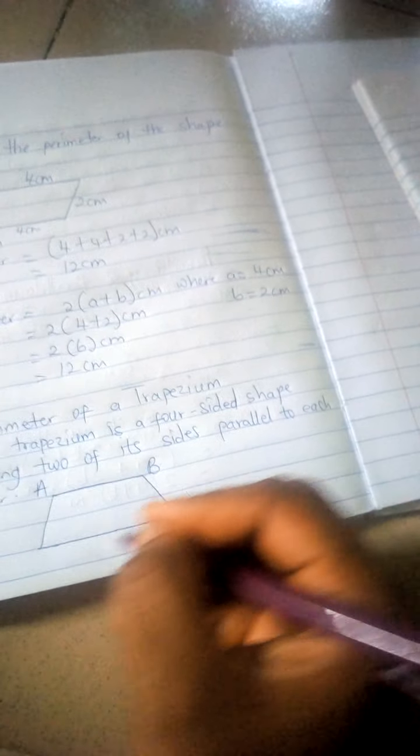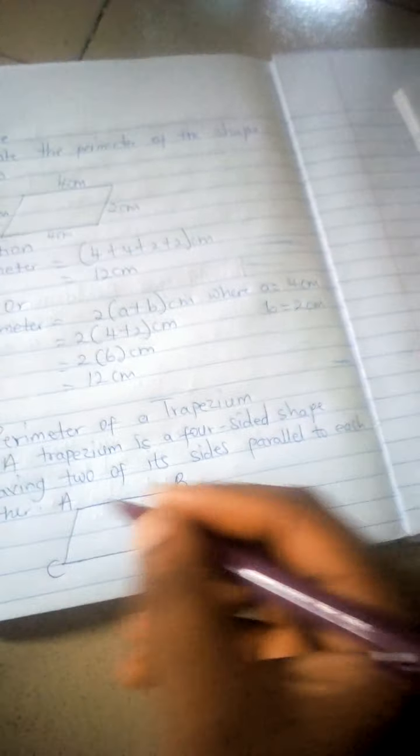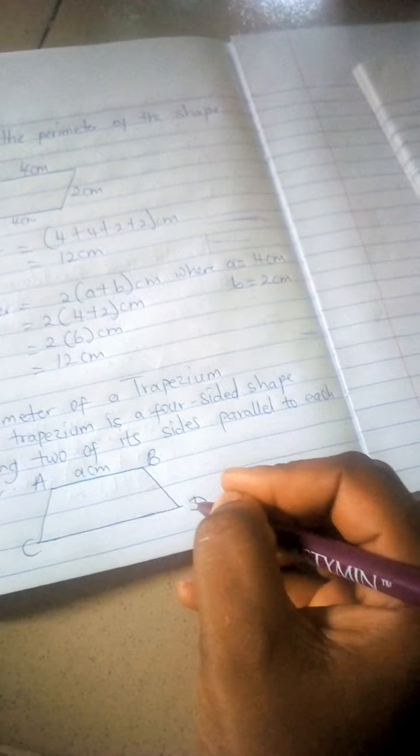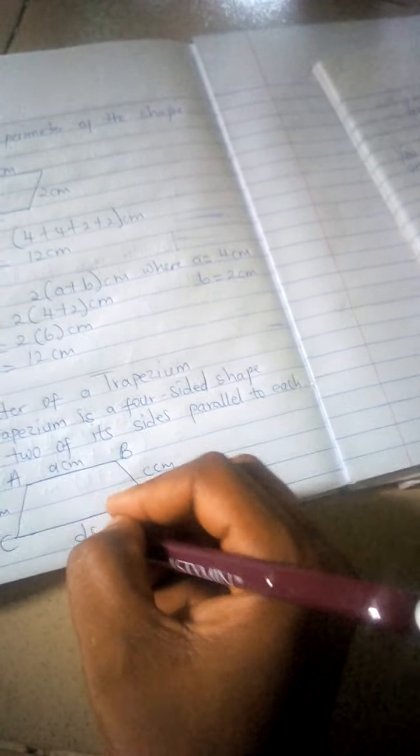So you label the sides A, B. This side is A centimeter, this one B centimeter, this C centimeter, and D centimeter.